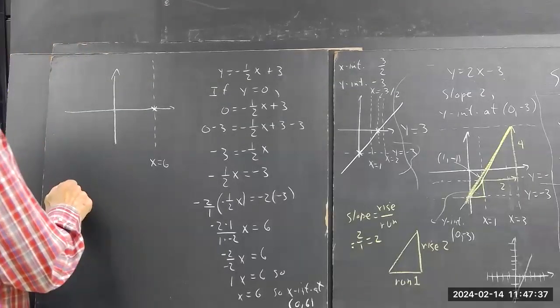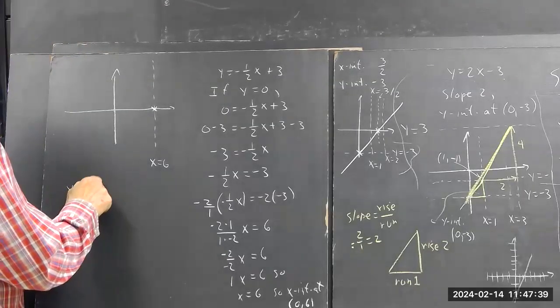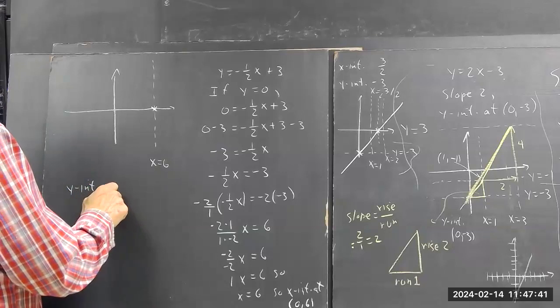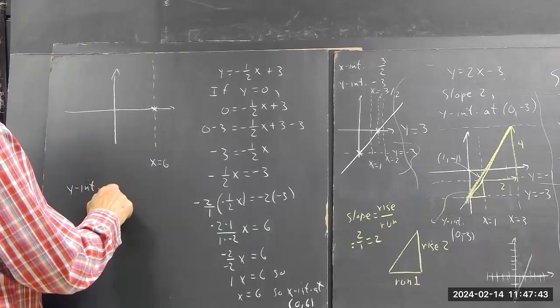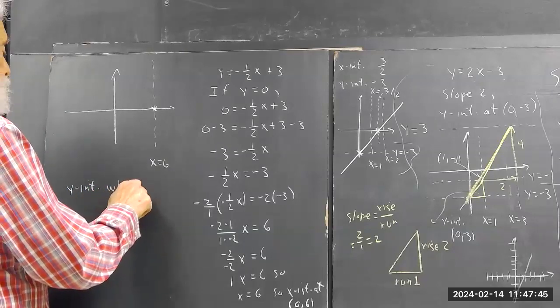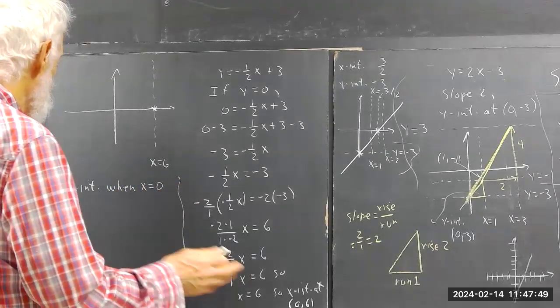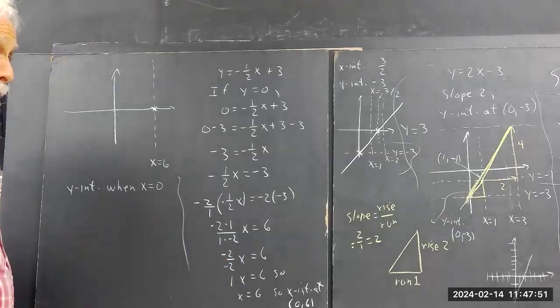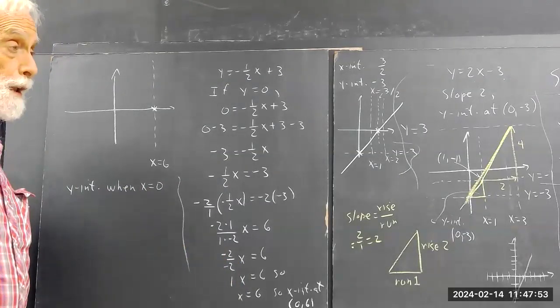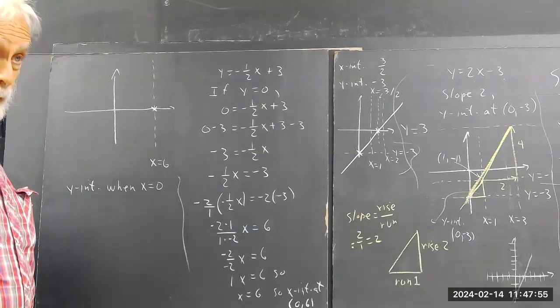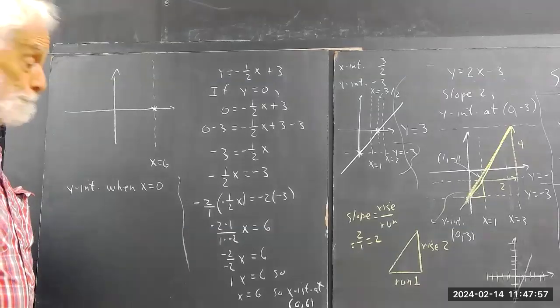Now the y-intercept, and you want to write this out. When you work these problems, you write y-intercept when x equals 0 so that you keep reinforcing, so you're going to remember this. Okay?